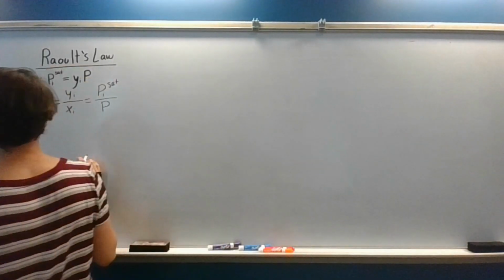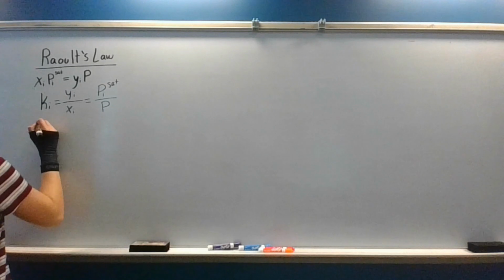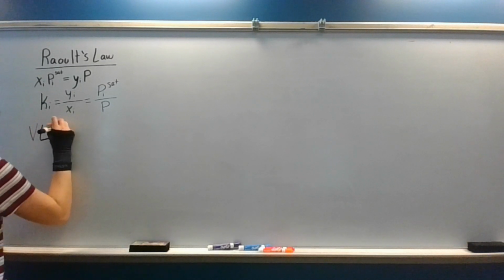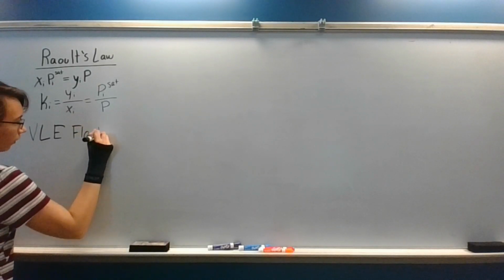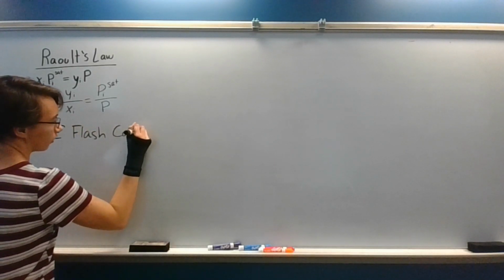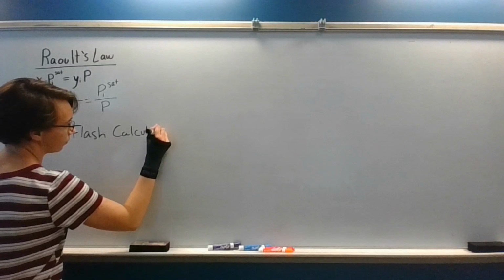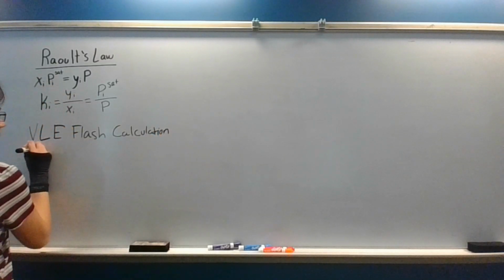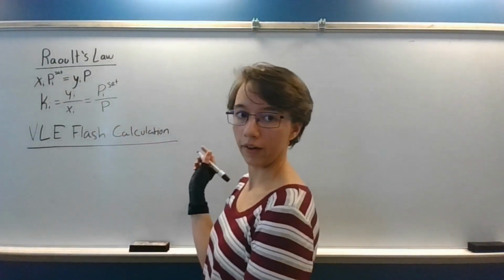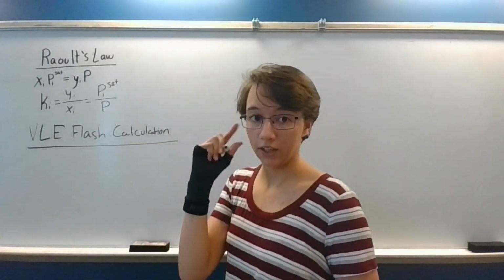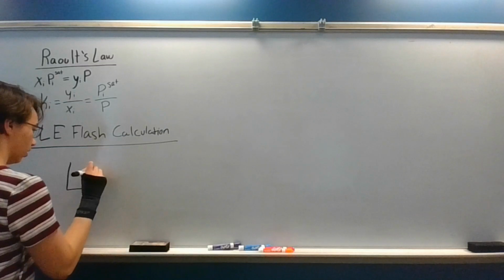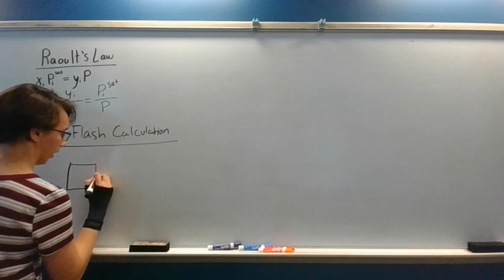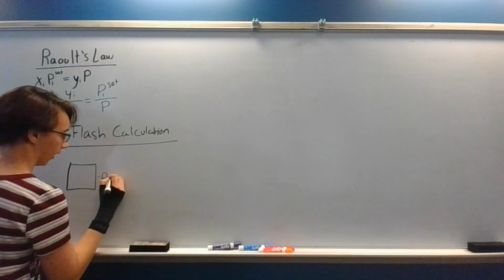So as I said, we're going to be looking at a vapor-liquid equilibria flash calculation. Alright, so the premise of this calculation is that we're going to have a container, and this container is known as a flash drum.